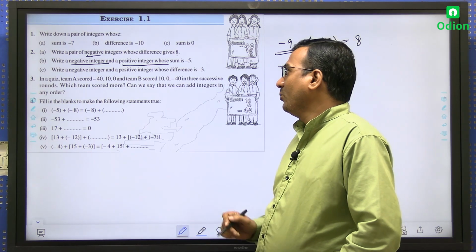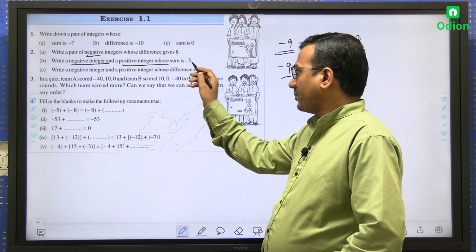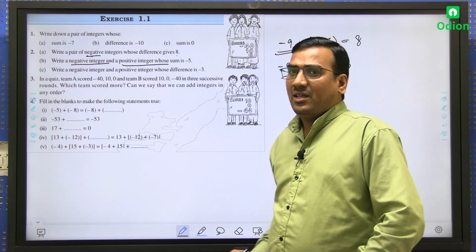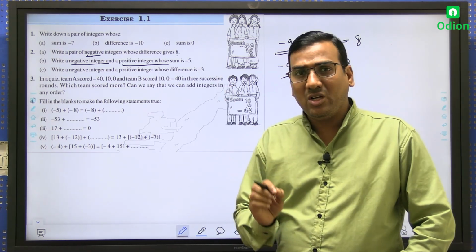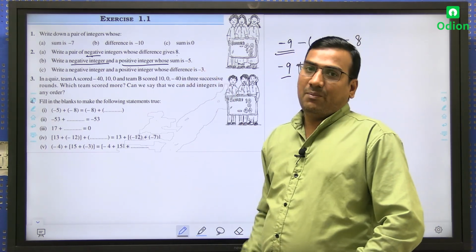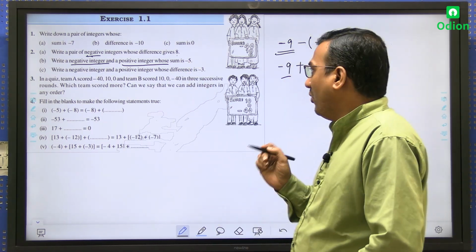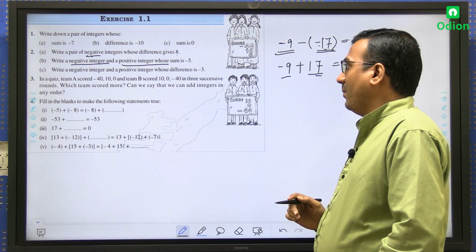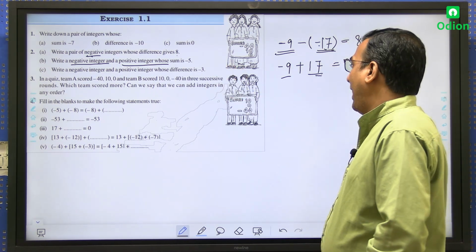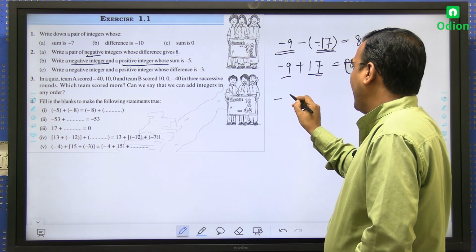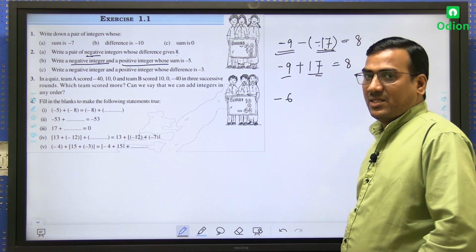Whatever the symbol of the answer, minus, you have to take the larger number with this symbol. In this question, the answer is negative, so you have to take a larger number than 5 in its negative form. Suppose I am taking minus 6.